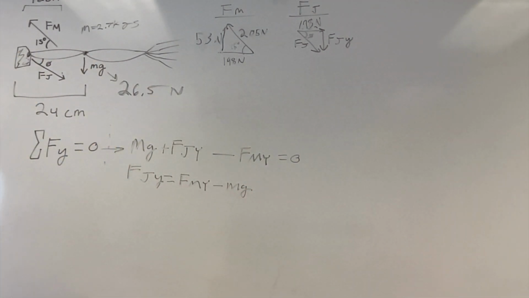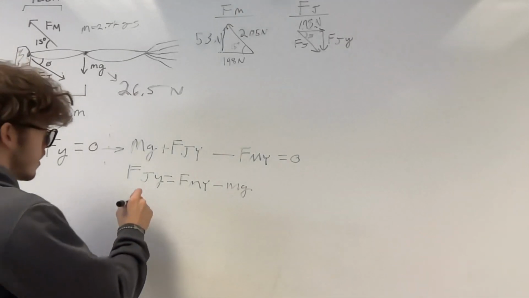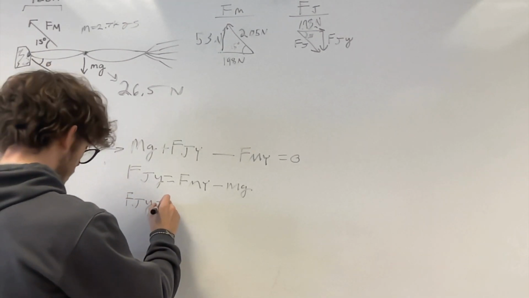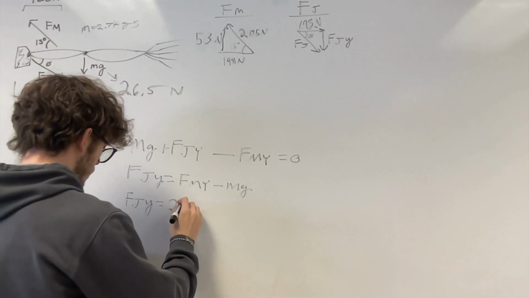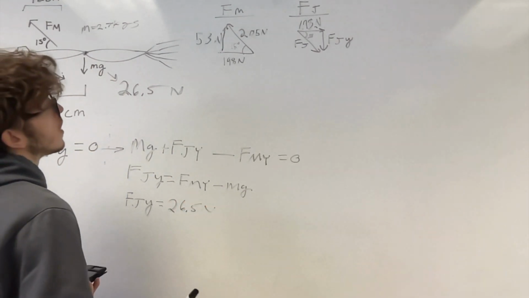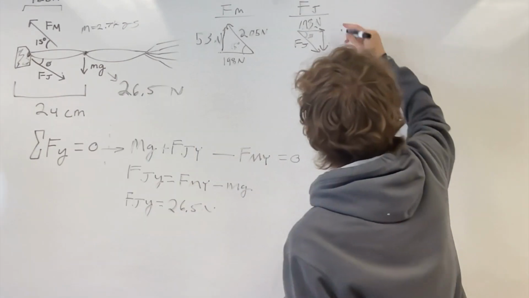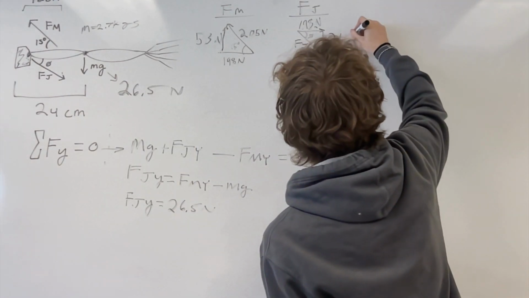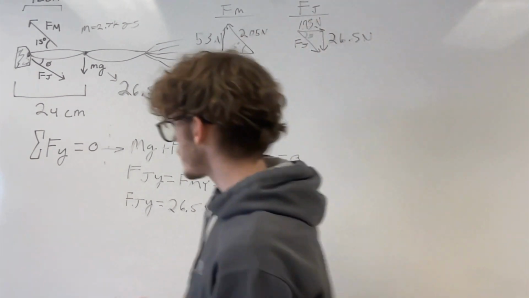So what's Fm of y? Fm of y is 53 newtons minus mass times gravity, that's 26.5 newtons. So our Fj of y is equal to 26.5 newtons. There we go.